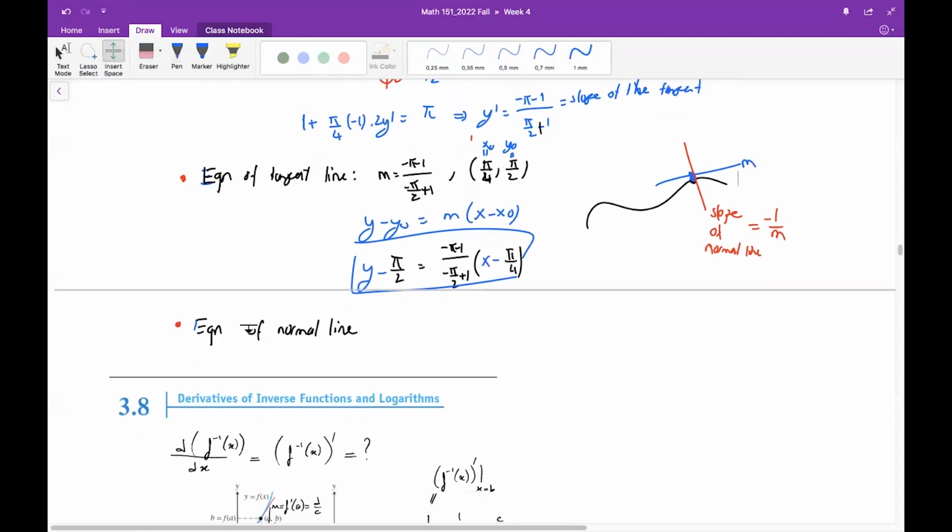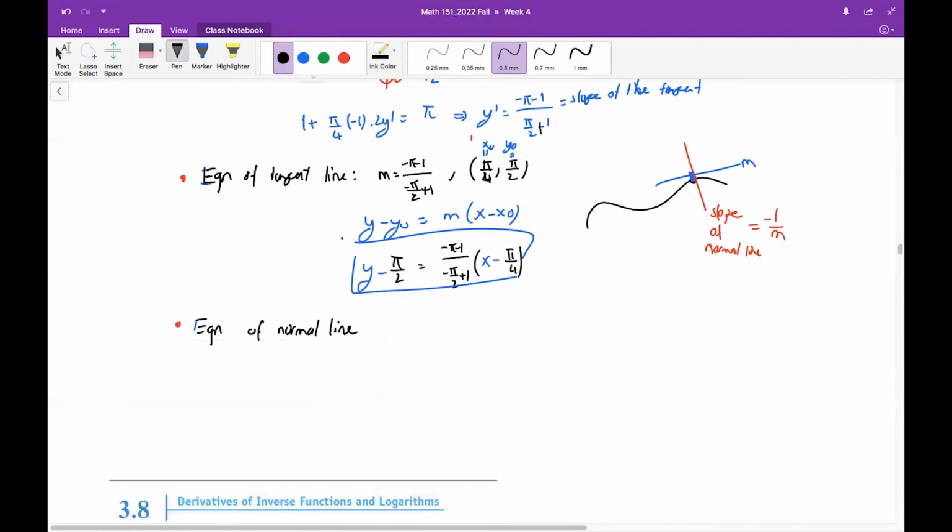That's why, okay, for the slope of the normal line, what do we have? It is minus 1 over m, where m is this thing, right? That's why it is minus pi over 2 plus 1 divided by pi plus 1.